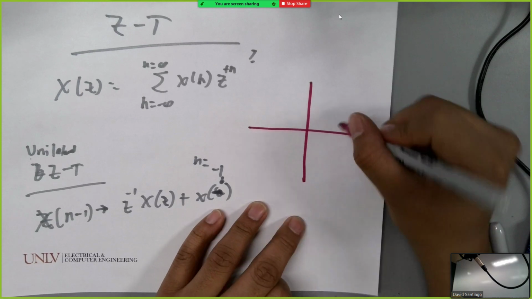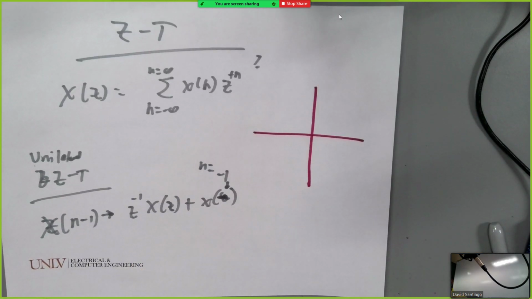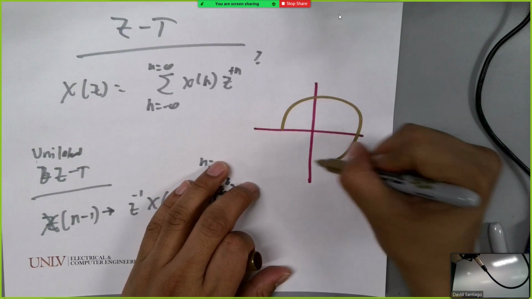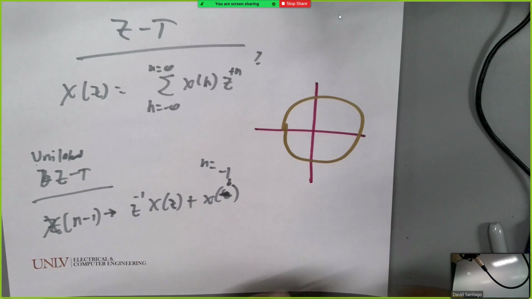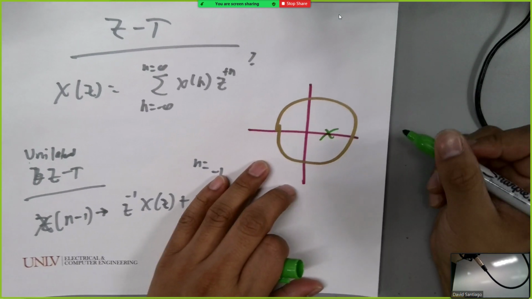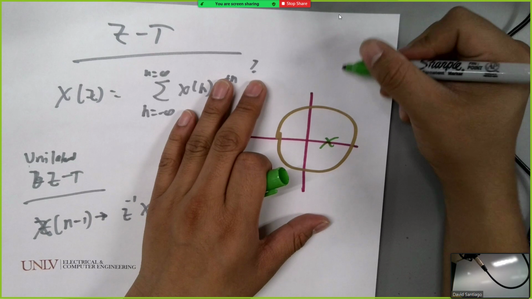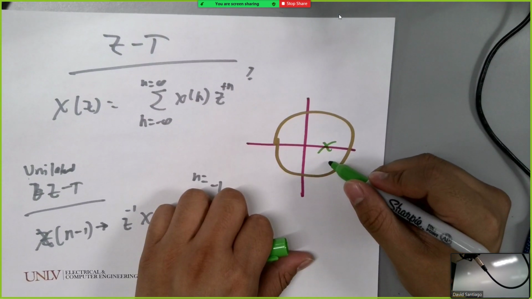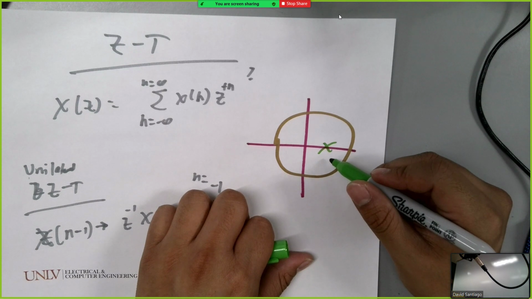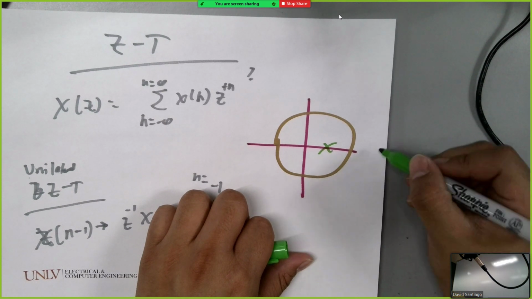And then everyone can basically understand this, right? If I were to draw a unit circle, and this, we gotta end this soon. I wanna go home. If I were to draw a pole here, is it stable? Is it stable or unstable? If it's left-sided, it's unstable.